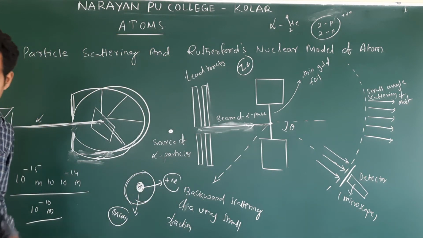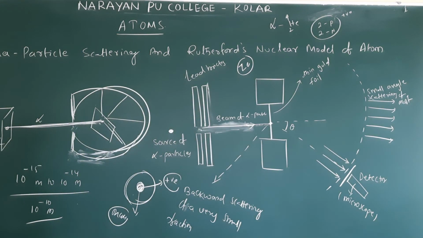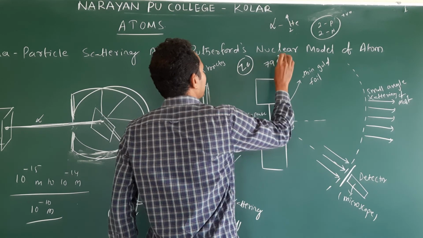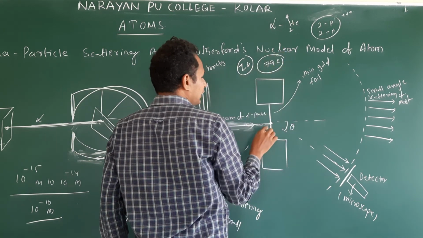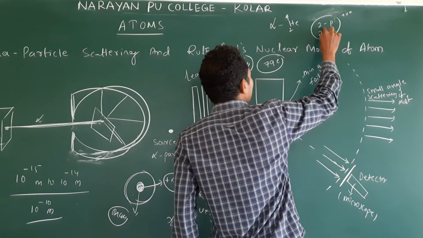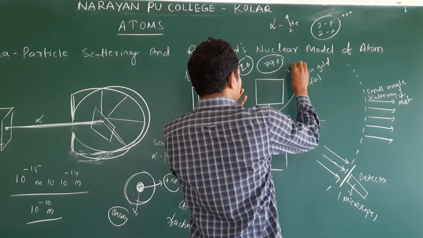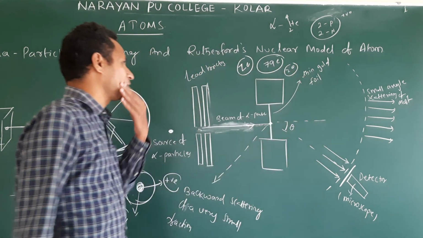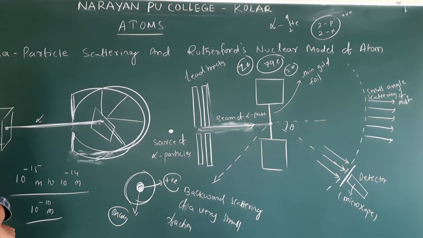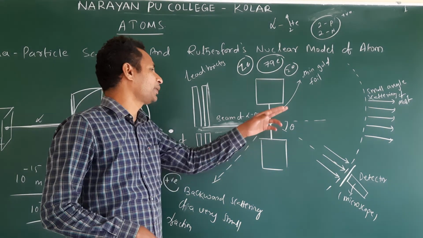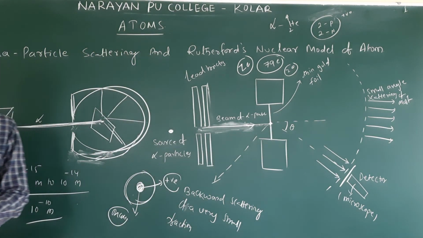Z is the atomic number. The atomic number of gold is 79. So how many protons are there? 79 protons. Which particle is falling? Alpha particle. How many protons does it have? 2. Which will dominate, 79 or 2e? 79 is dominant. That's why the repulsive force is maximum, and that's why it does not penetrate through the nucleus.